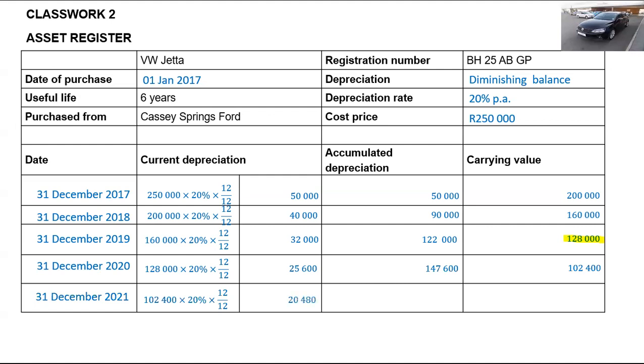It'll give us 20,480. 147,600, which is last year's accumulated depreciation, plus current year depreciation, will give us 168,080. Our carrying value will be cost price of 250,000 minus this 168,080. Our new carrying value for 2021 will be 81,920.